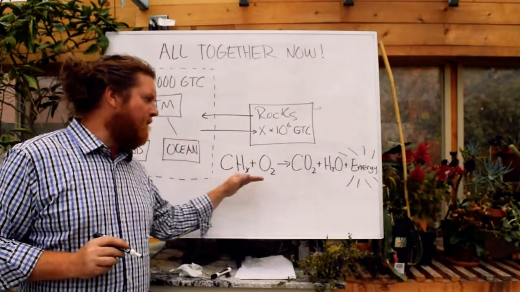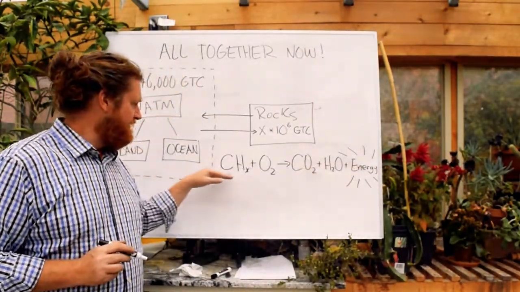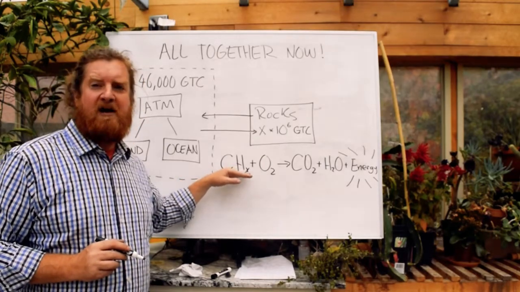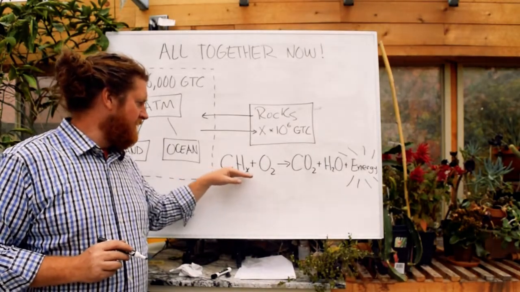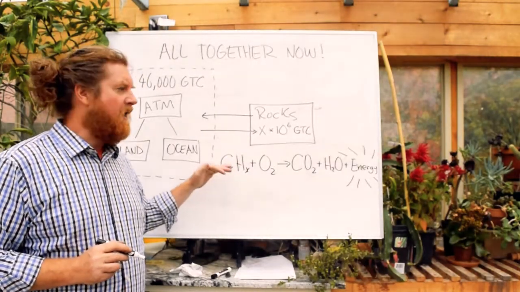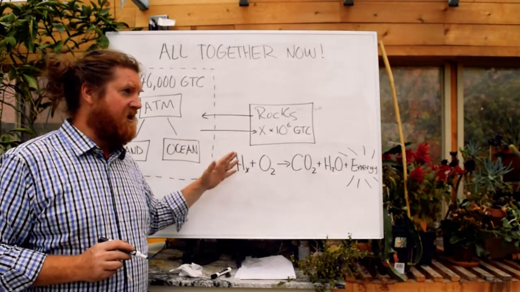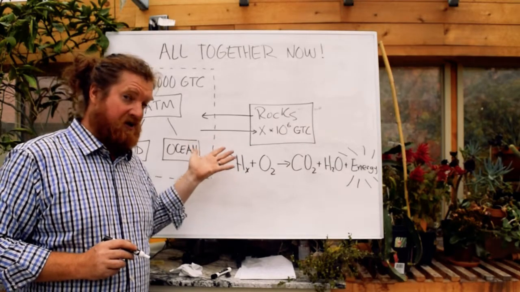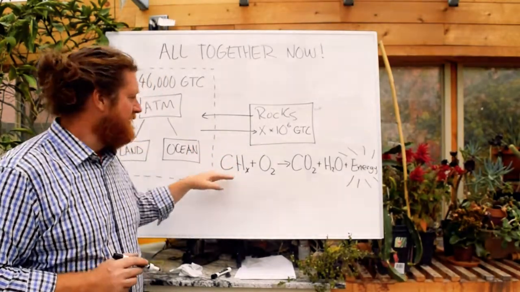So here's our combustion reaction. We've got hydrocarbons, whether they're kind of long chain alkanes. You could think about CH4, that's methane. Octane is C8H18, off the top of my head.